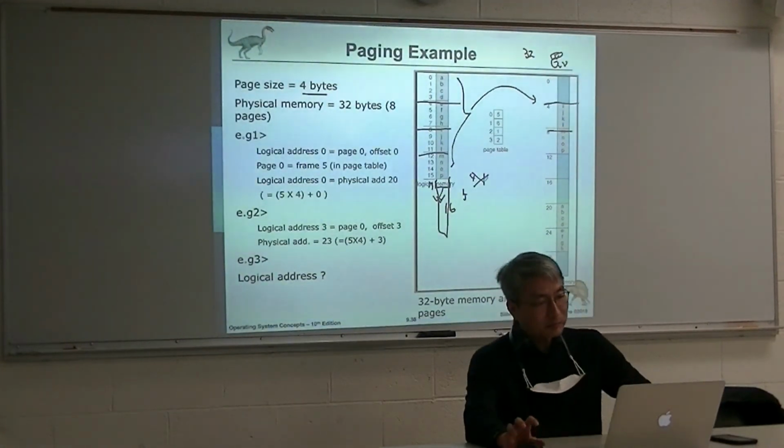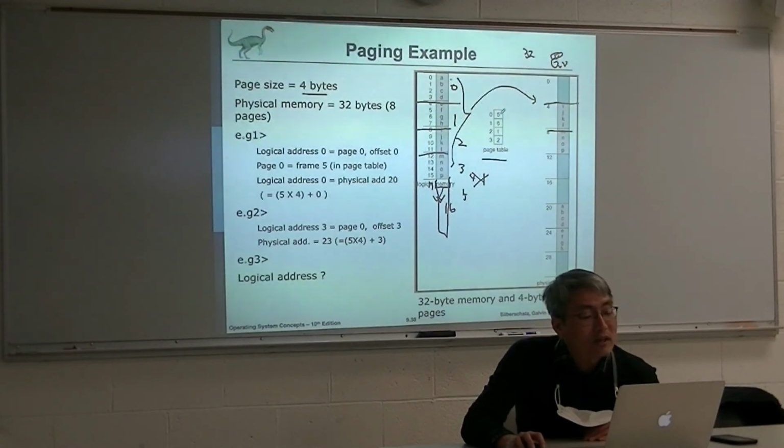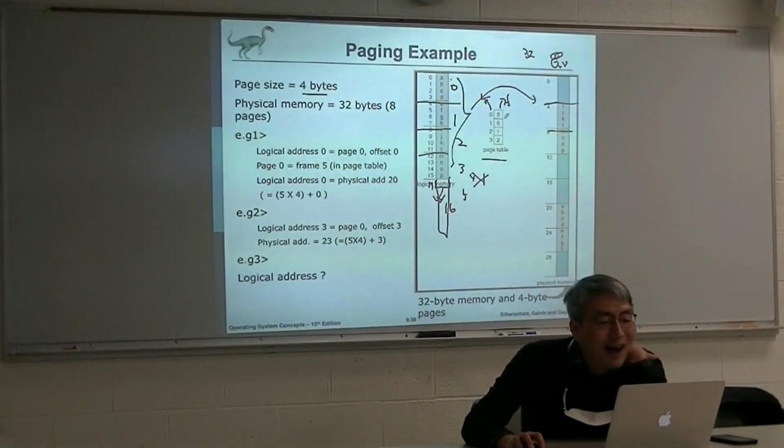Okay, then what we're going to do is try to map the pages of your program to the page frames. We already allocated them. Let's see the page table. This is a page frame number, and this is a logical page number. So page 0 is mapped to page frame 5.